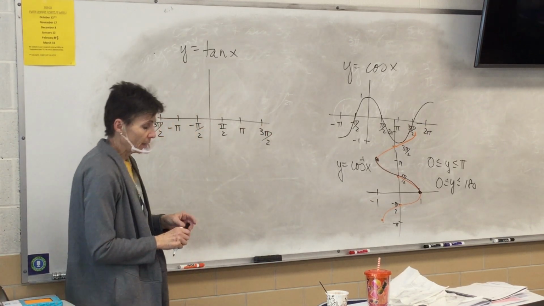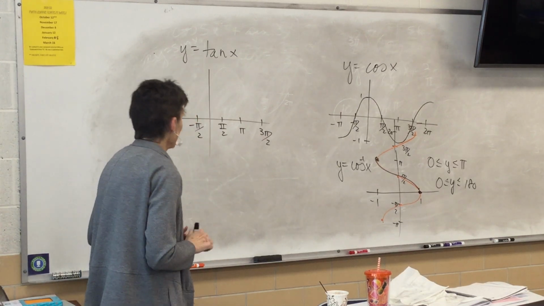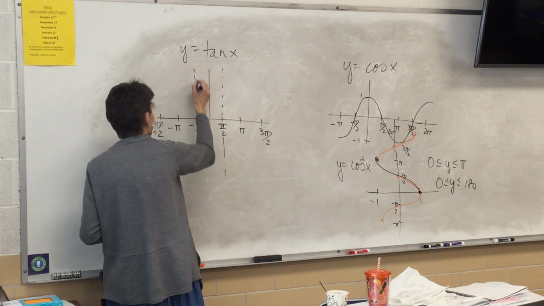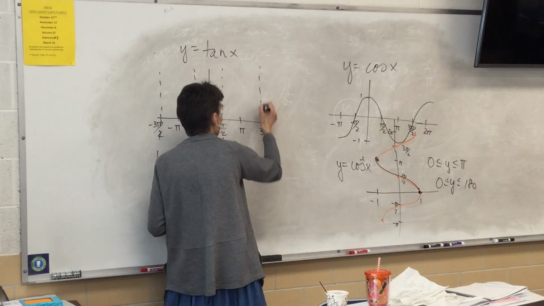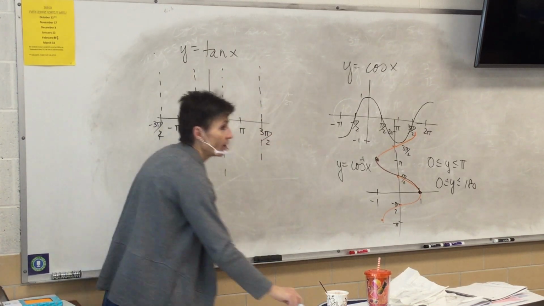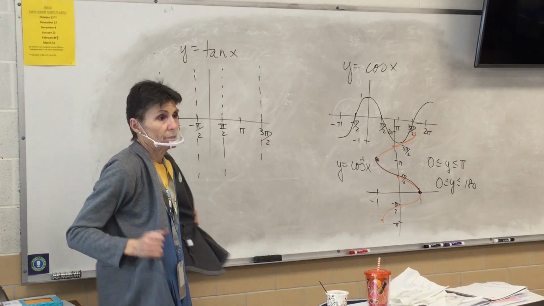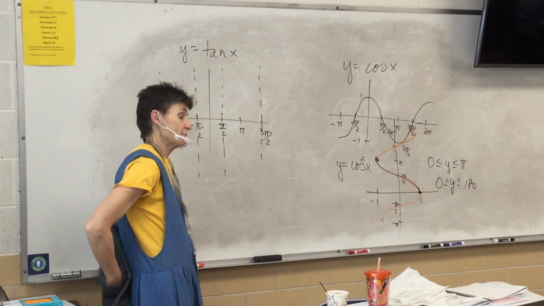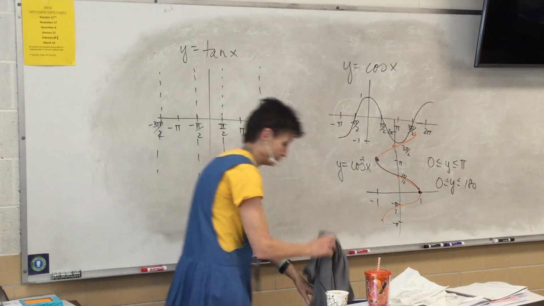Okay, so I know you haven't done a lot of tangent graphing, but you need to remember that the tangent has asymptotes at pi over 2 and negative pi over 2, at all the halves, in other words. The tangent's undefined at the top and the bottom of the circle, so at 90 and 270. So that's where its asymptotes are, where it's undefined.